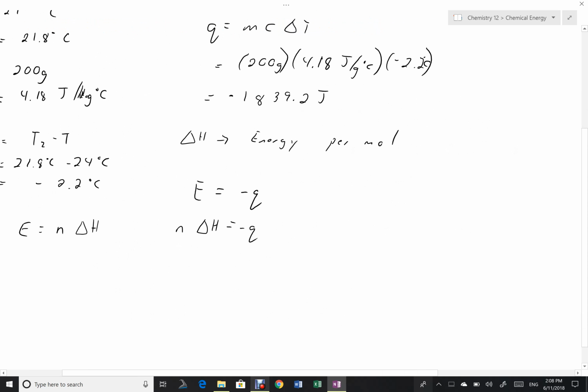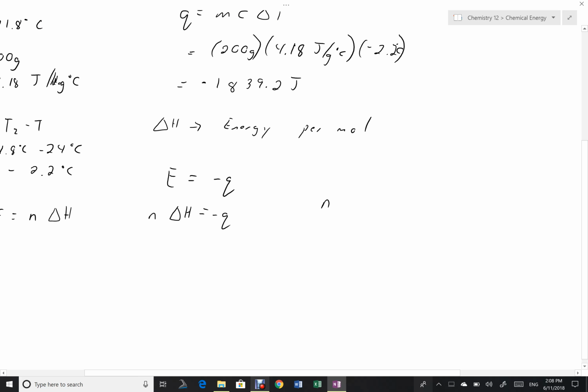Hold on a second here. We need to figure out what our actual number of moles is. We have a mass of 2 grams, and we have a compound, potassium nitrate, so we can get the molar mass of that compound. Potassium is 39.1 grams per mole.